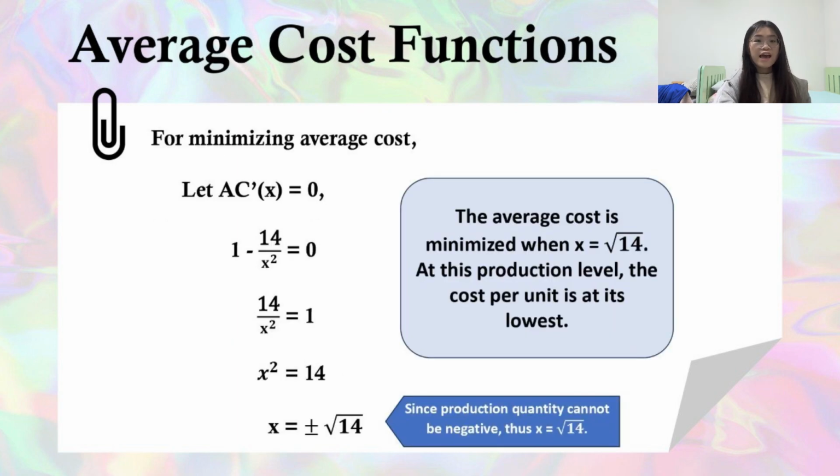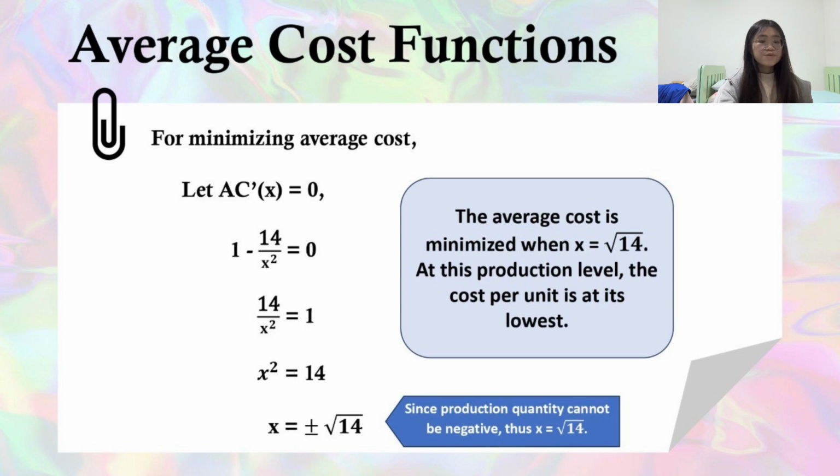After we find the derivative of the average cost function, we need to set it equal to 0 for minimizing average cost. So we can see that 1 minus 14 over x squared equals 0, and we need to find x. The final answer shows that x is equal to plus or minus square root of 14.